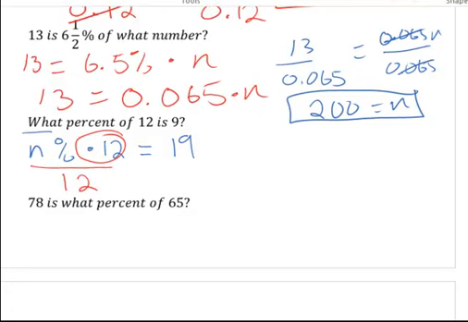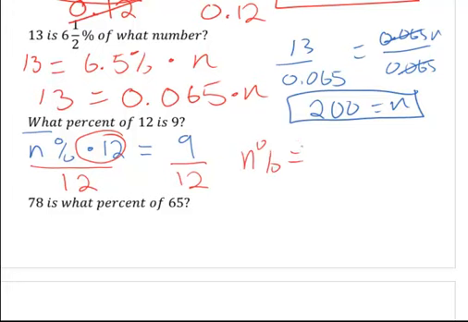Oops, I wrote a 19, and I meant that to be a 9. So we're going to divide both sides by 12. So I have n% equals, I take my calculator, 9 divided by 12 is 0.75, but I need to convert that to a percent. So I'll move my decimal 2 spaces to the right, and I have 75%.